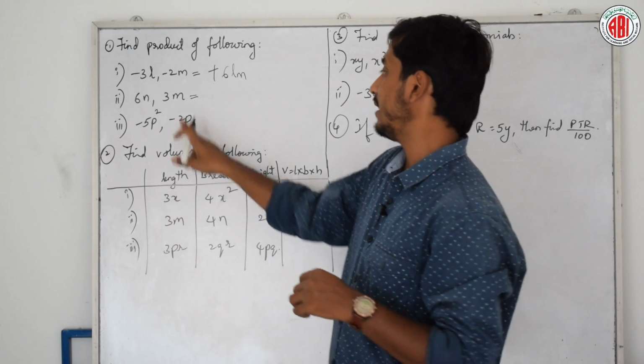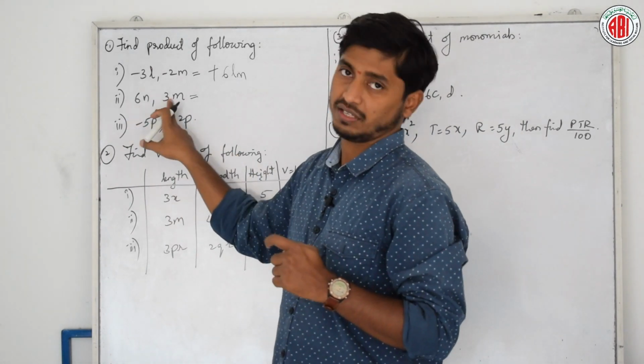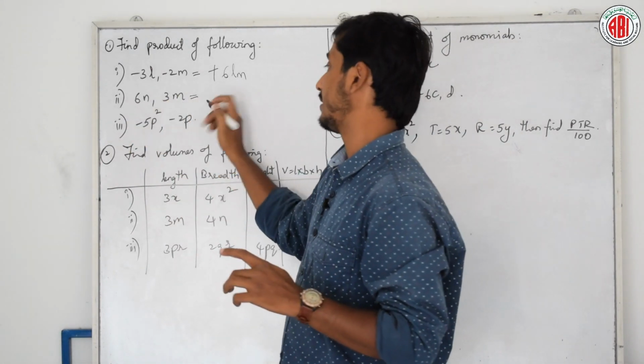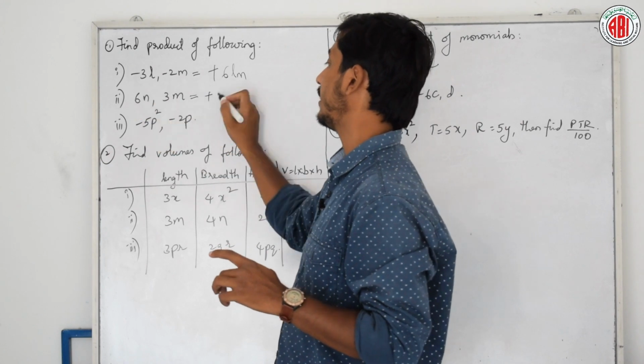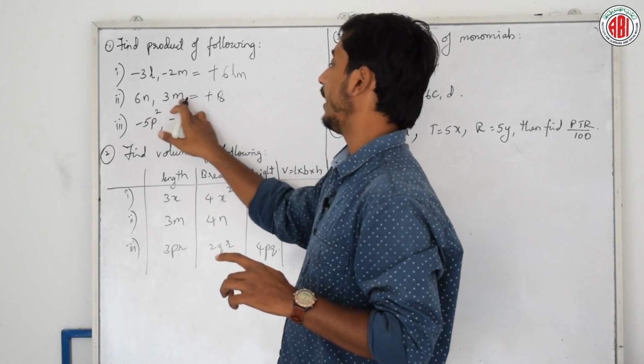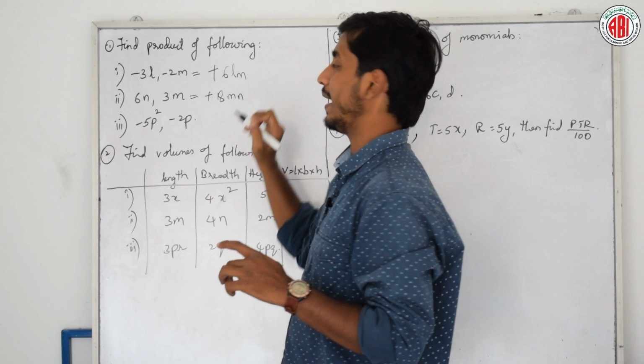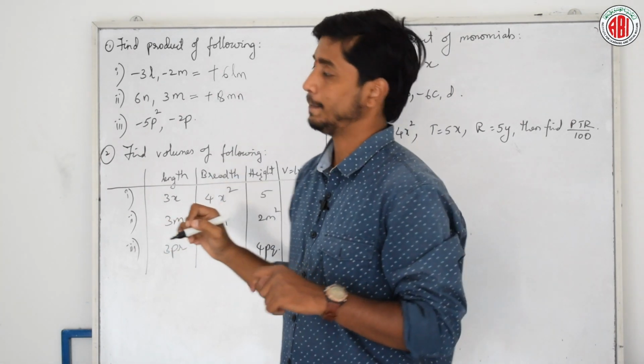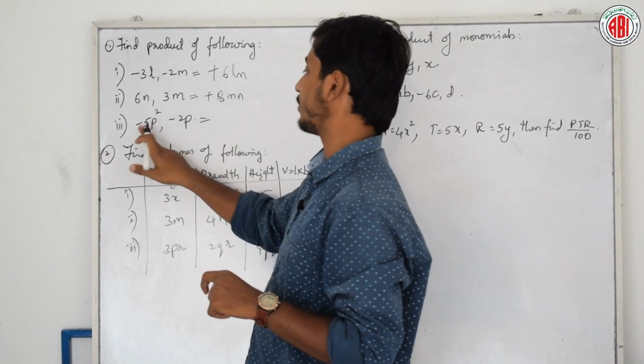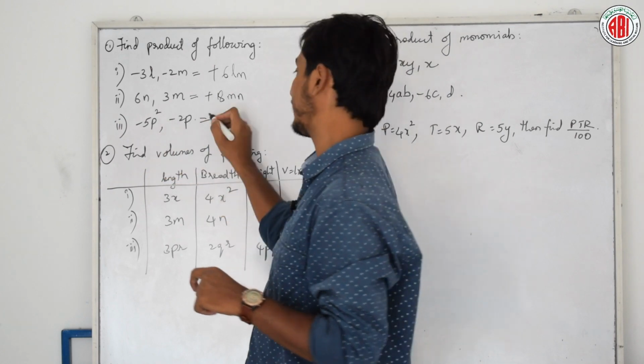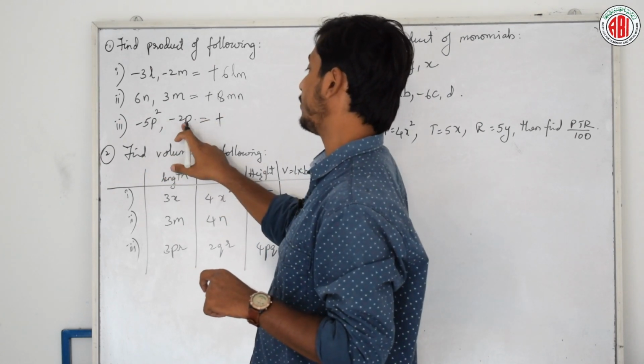Clear? Similarly, see here, both are positive signs. Plus into plus is plus. 6 3s are 18. n into m is mn. Clear? Fine. Similarly, here also, minus into minus is plus. 5 2s are 10.